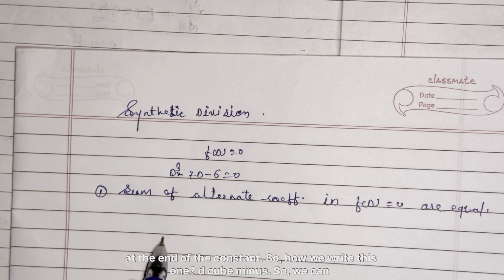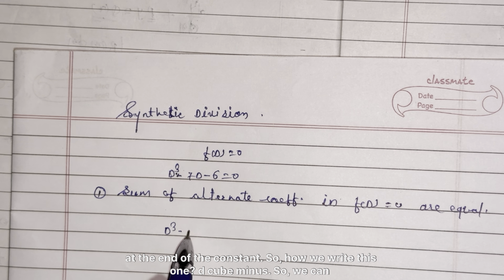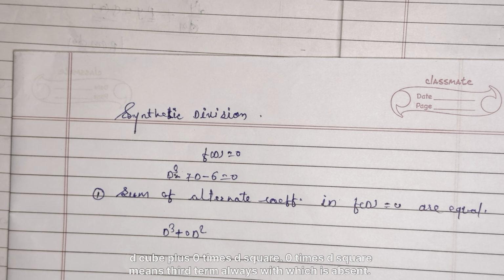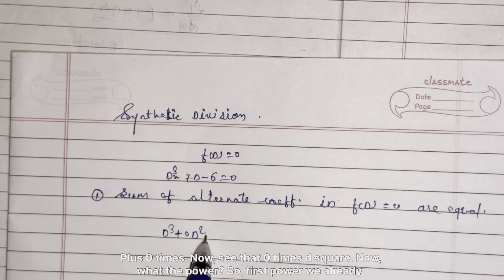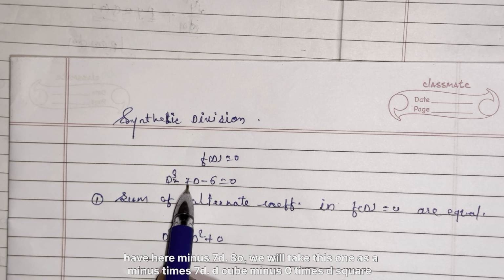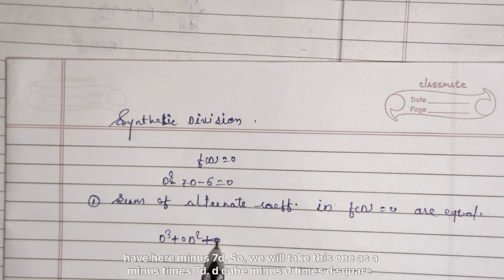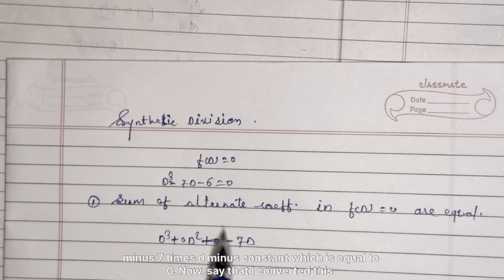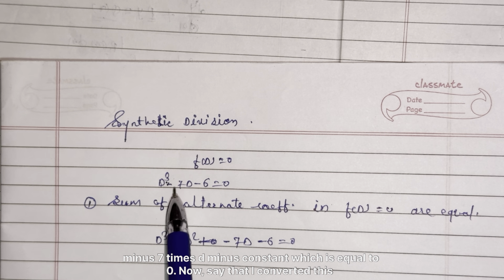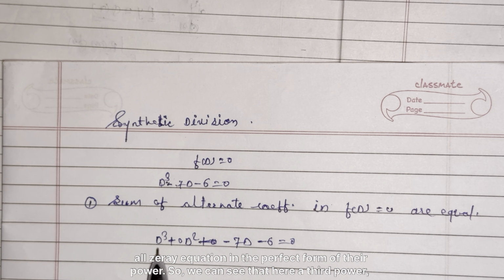So we write D cube plus 0 times D square, the term which is absent, minus 7 times D minus the constant 6, equal to 0.